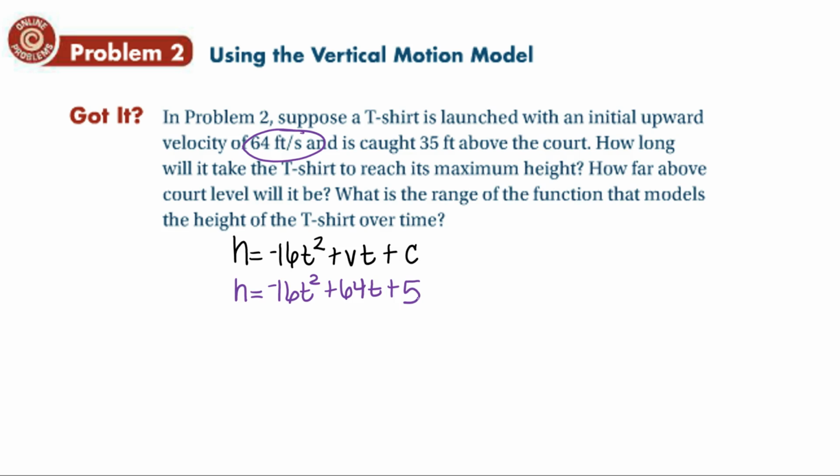So the first part: how long will it take the t-shirt to reach its maximum height? Time is going to equal negative b over 2a. Basically, that negative 16 is going to be a.